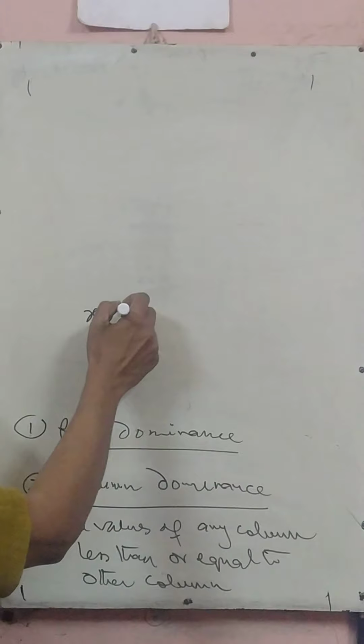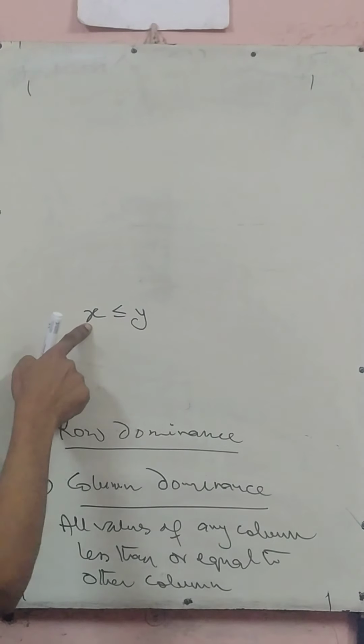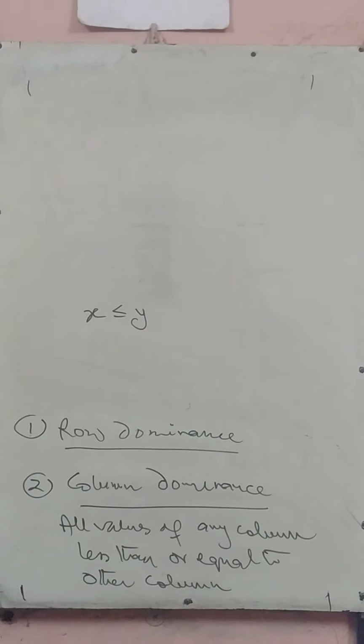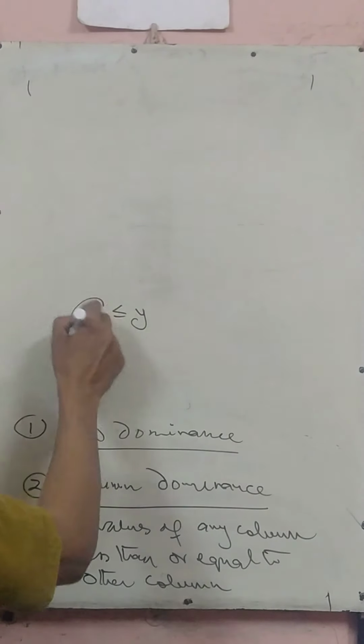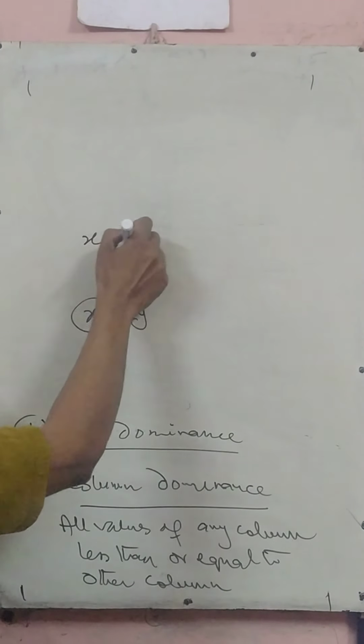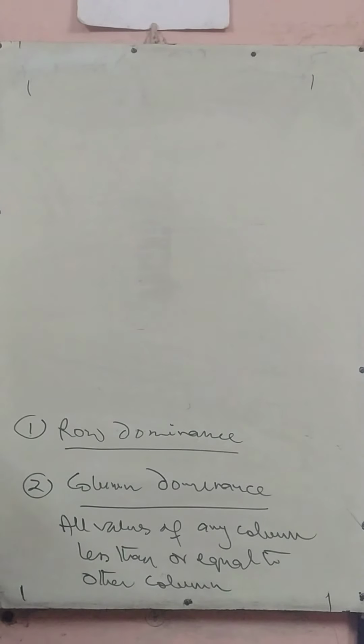That means here, x less than or equal to y, then x will be chosen. X means the values of the column and y the other column's values, but here we will choose x when x is smaller. In the case of row dominance, x greater than or equal to y, then we will choose x, because we are choosing the profit in the row idea and the loss in the case of columns.